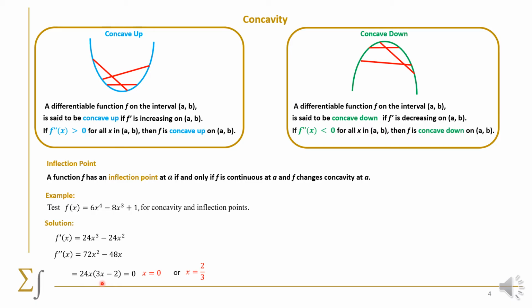Also, x equals 2 over 3 makes the second derivative 0. Now we take this 0 and the 2 over 3 to the real line, and we start investigating the sign of the second derivative in each interval: from minus infinity to 0, from 0 to 2 over 3, and from 2 over 3 to infinity.